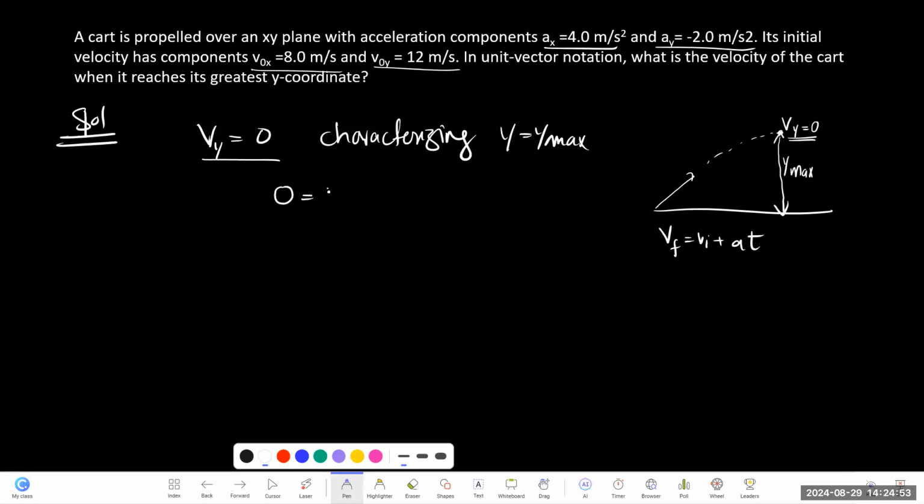I'm going to substitute the values: 12 meter per second plus minus 2.0 meter per second squared, negative because of the negative direction, as given in the problem, times t. From here I can substitute everything and find t, and t equals 6 seconds.